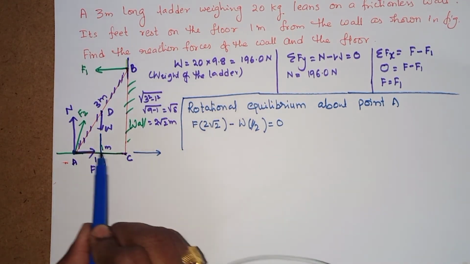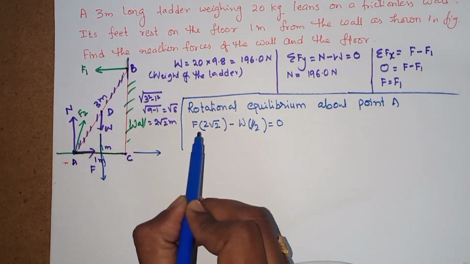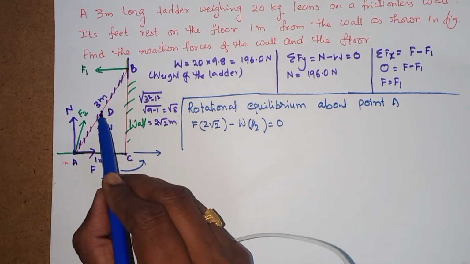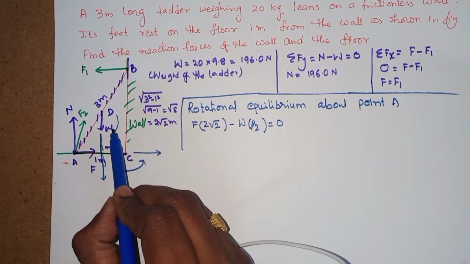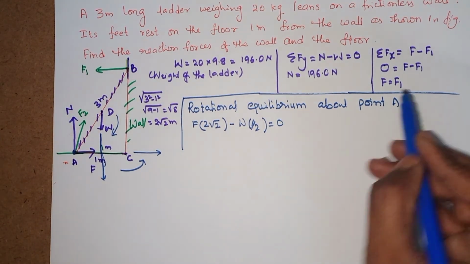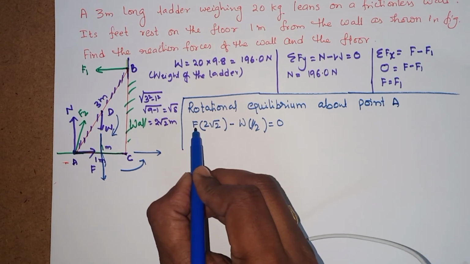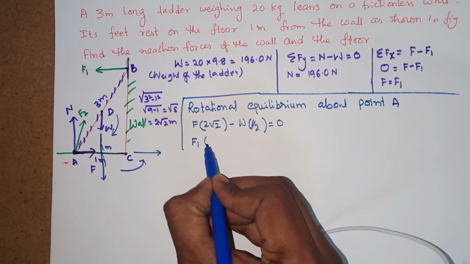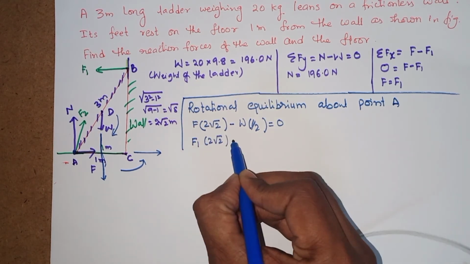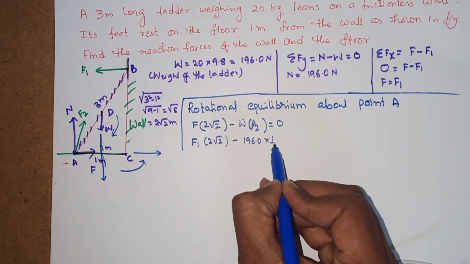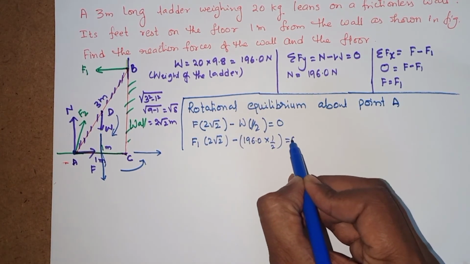Here F into 2 root 2 is the anti-clockwise torque, and the weight at point D gives the clockwise torque. Clockwise torque is negative, anti-clockwise torque is positive. So F and F1 are equal, then F1 into 2 root 2 minus 196.0 into half equals 0.